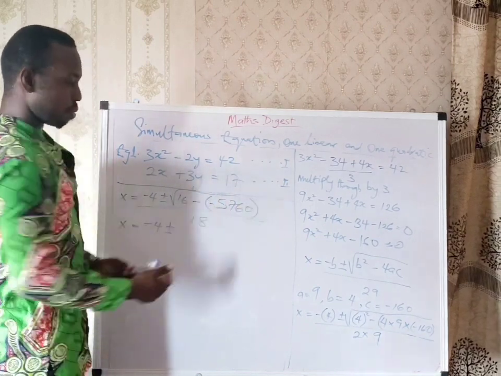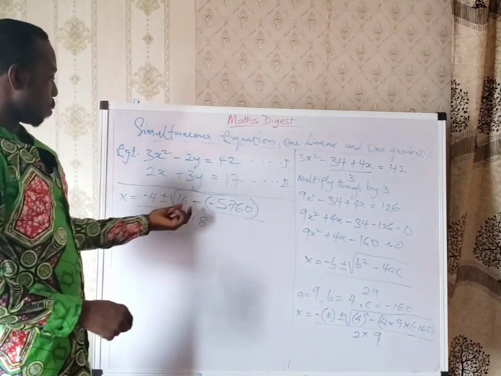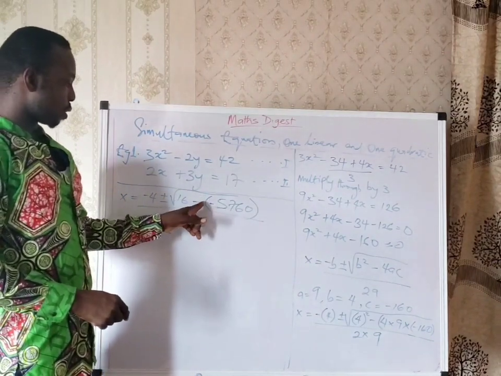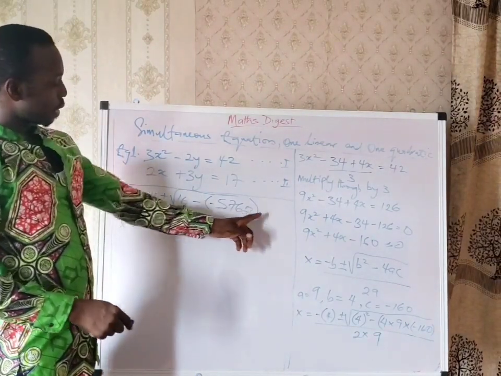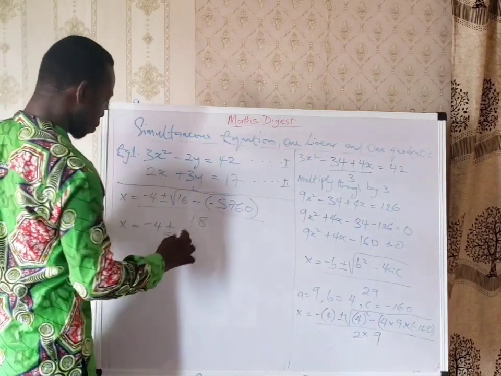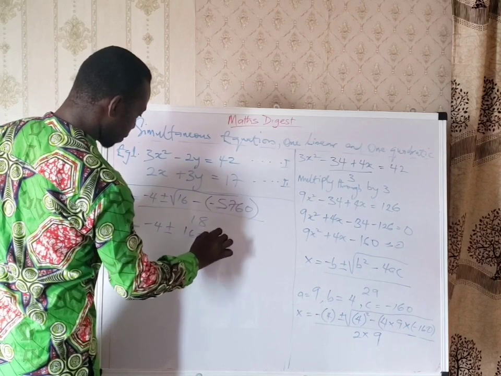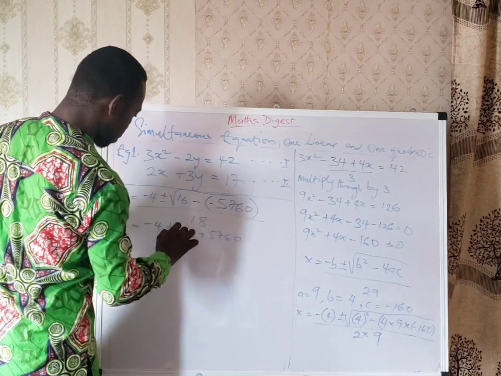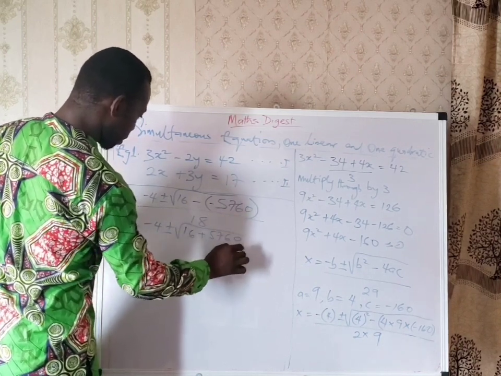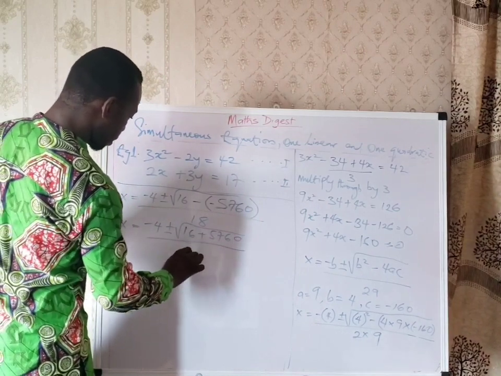Remember when you have a bracket like this, whatever that is here is just like we have a coefficient of minus 1 here, multiplying out this, we have plus, so we have 16 plus 5760, remember this is in square root, don't forget. All right, all over 18.